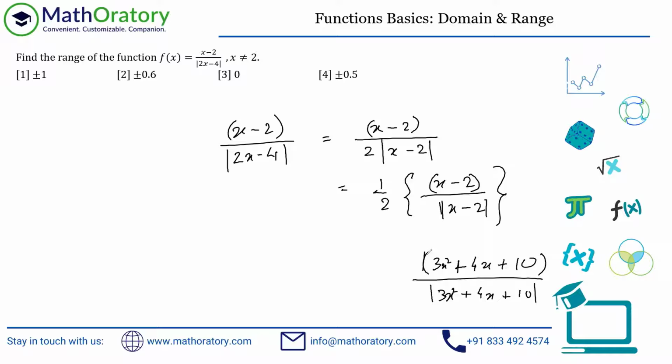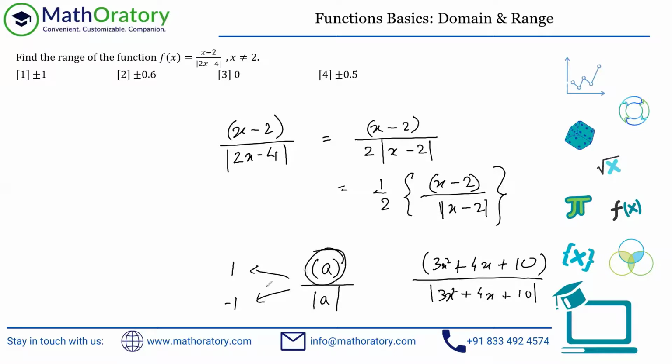All you have to do is check that this entire expression is in the denominator. So it's like a value divided by mod of that value, right? So whenever you have a function like this, it can return only two values. It could either return a 1 or a minus 1. You can do this algebraically or you can do this using common sense.